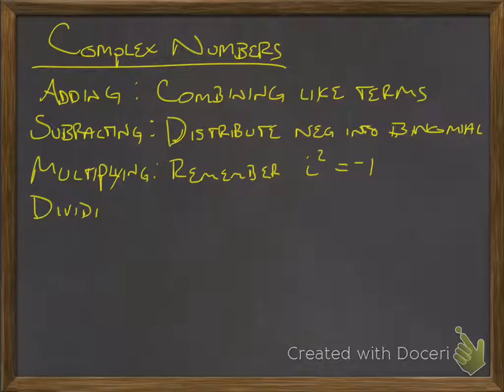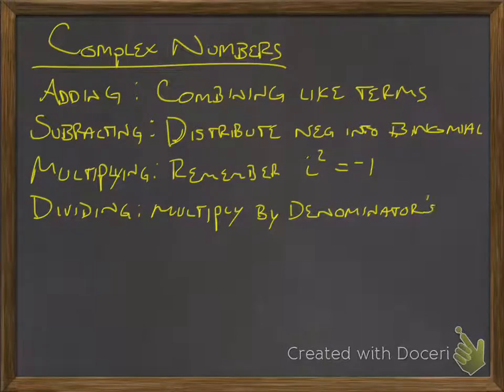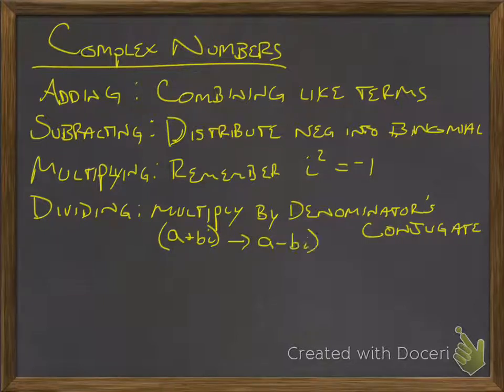And with dividing, multiply the numerator and the denominator by the denominator's conjugate. a plus bi has a conjugate of a minus bi.